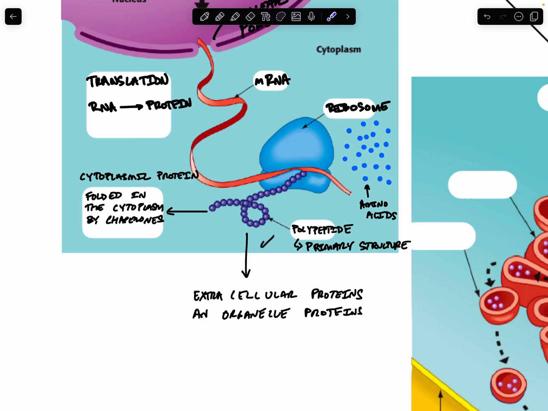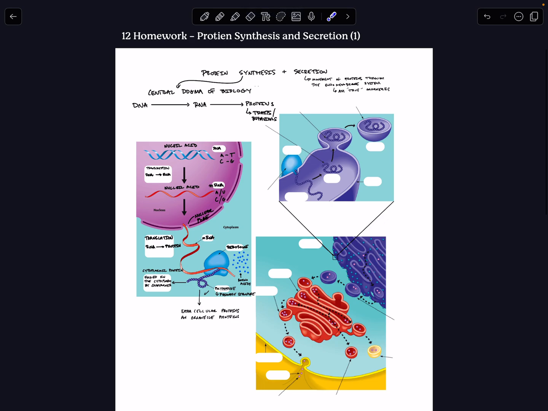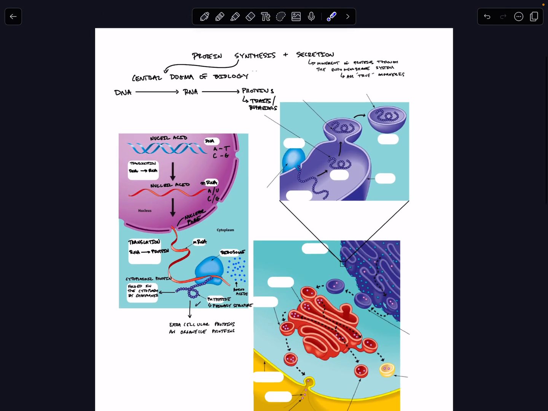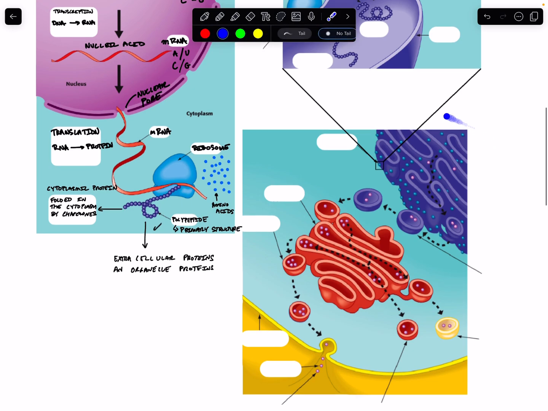So if it's going to end up inside an organelle or outside the cell, it needs to follow a different path. So here's what happens. I'm going to zoom out here for a second. Over on this side of the document, you see kind of a large figure, and then a little zoom in box here.